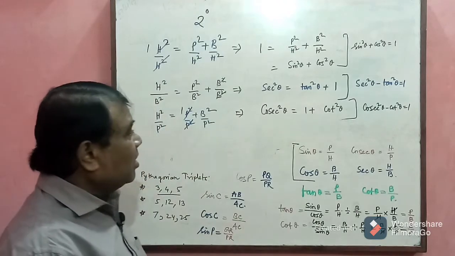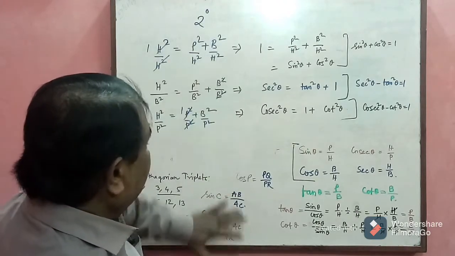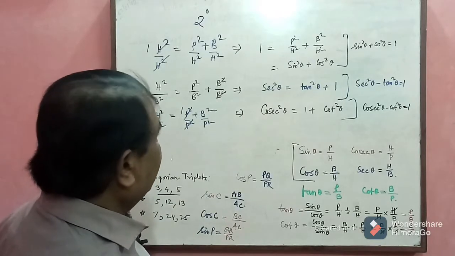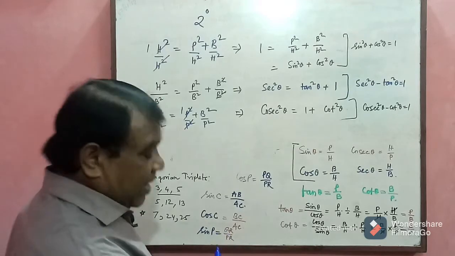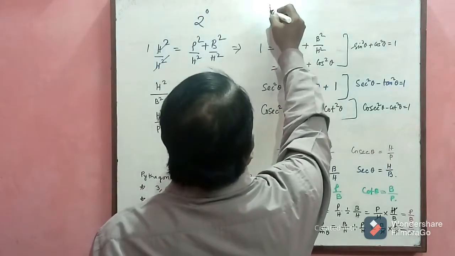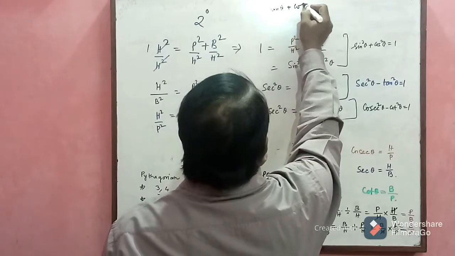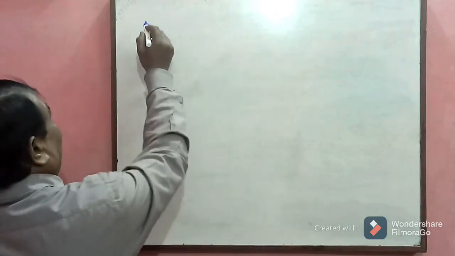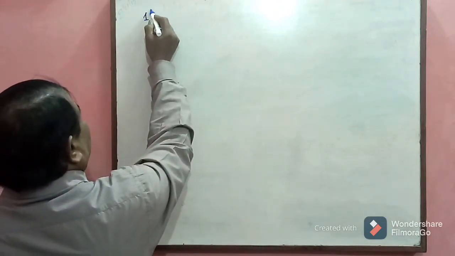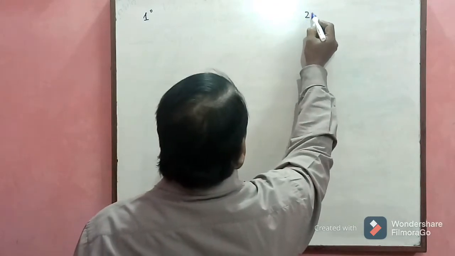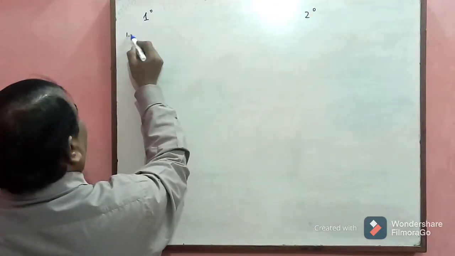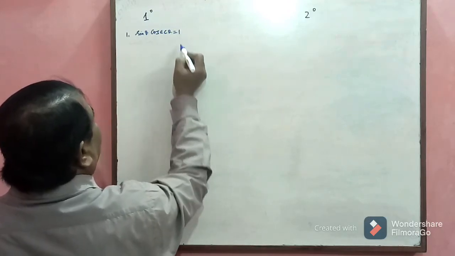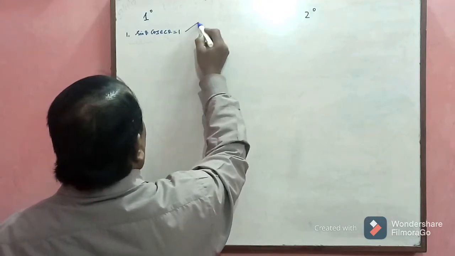Now, these are the concepts for solving trigonometrical identities. Now we have 1 degree formulas and 2 degree formulas. 1 degree, number 1: sin theta cosec theta is 1. This can be written also in 2 other ways.